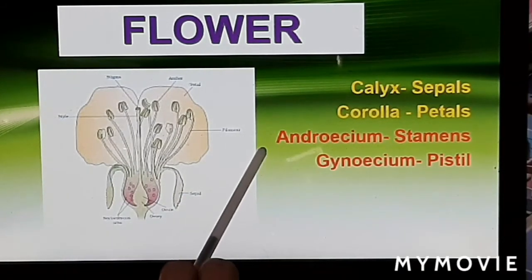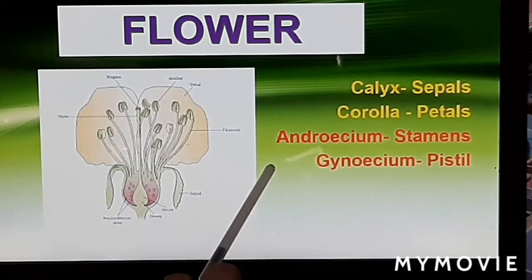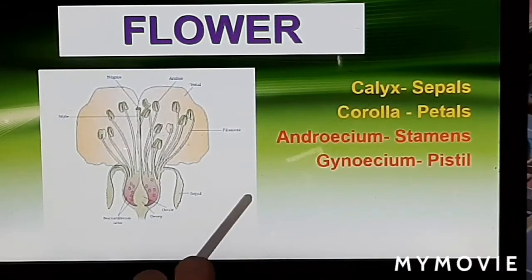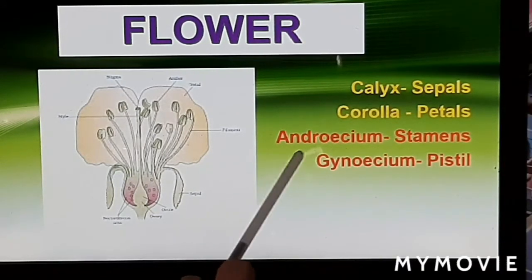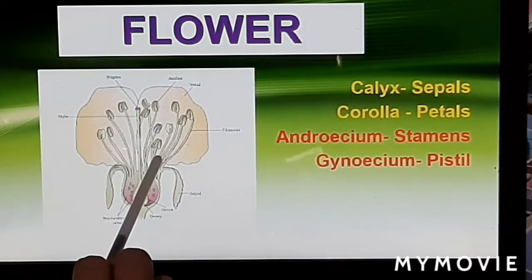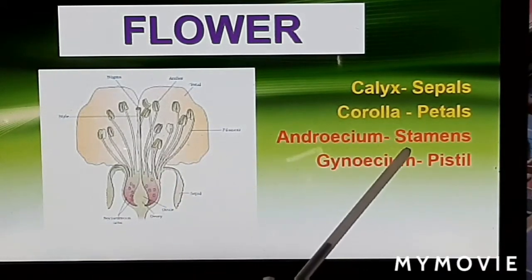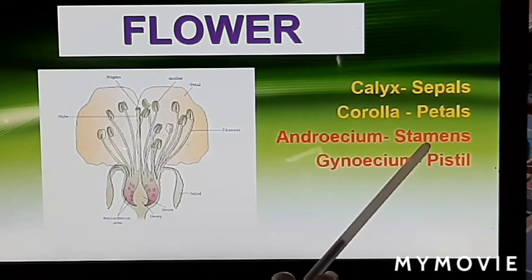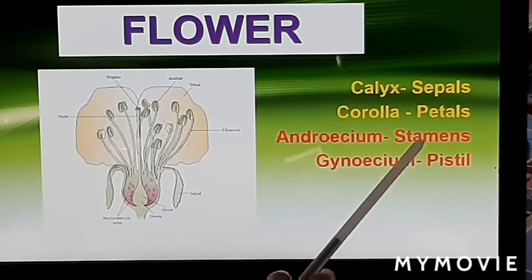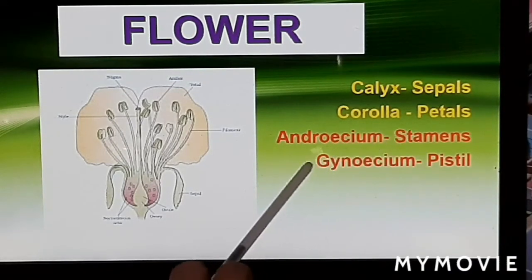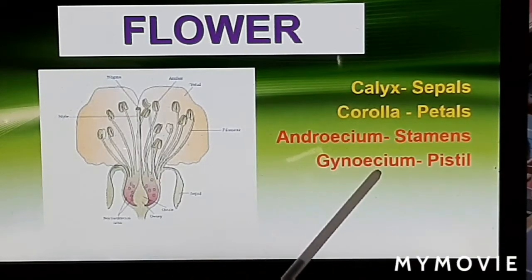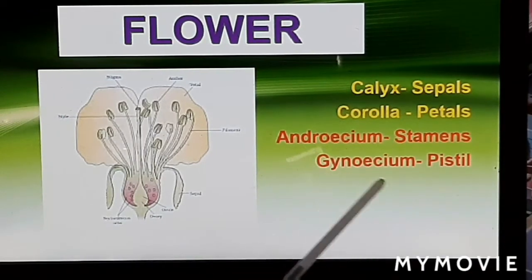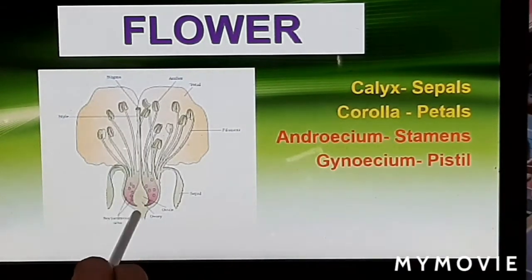Next two whorls are the important parts of the flower, which are called the reproductive parts. Androecium is the male reproductive part of the flower, which consists of stamens that produce male gametes or the pollen grains. Next whorl is the gynoecium, which is the female reproductive part of the flower.